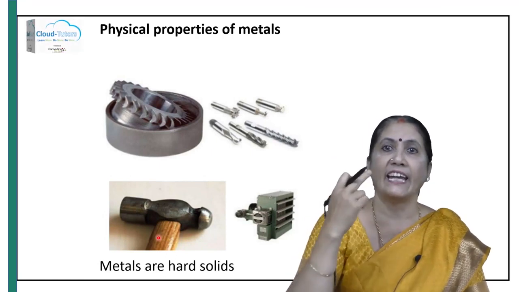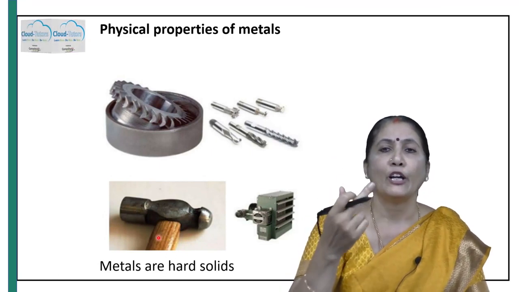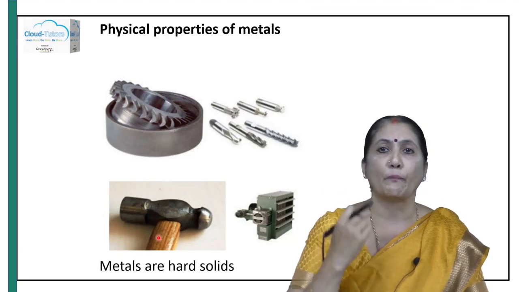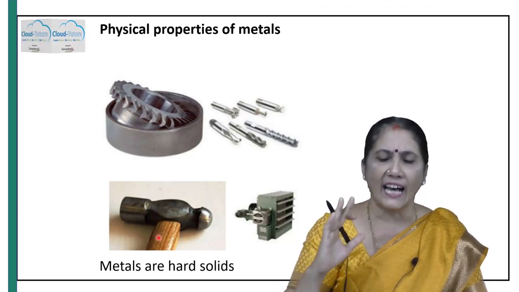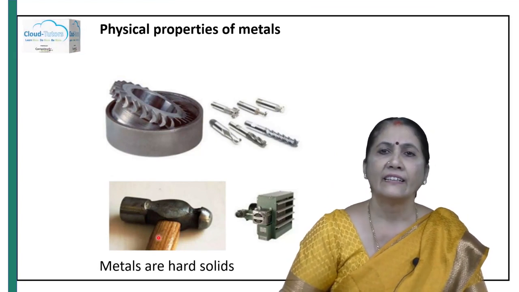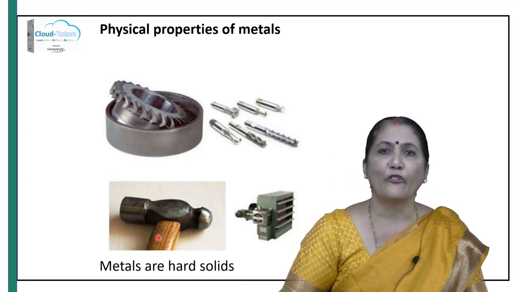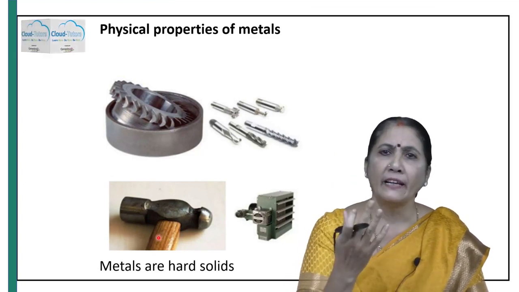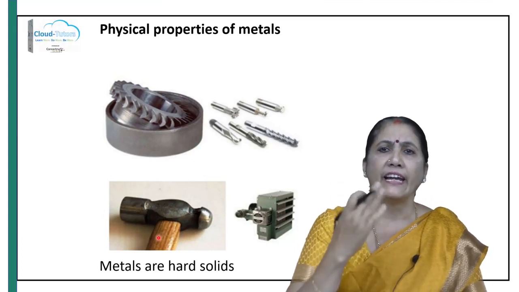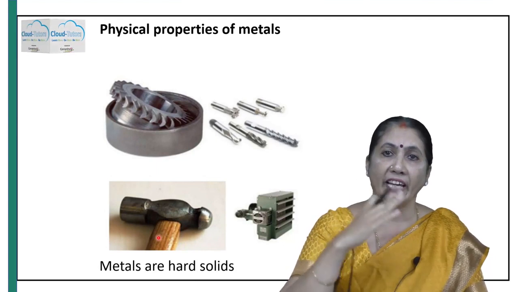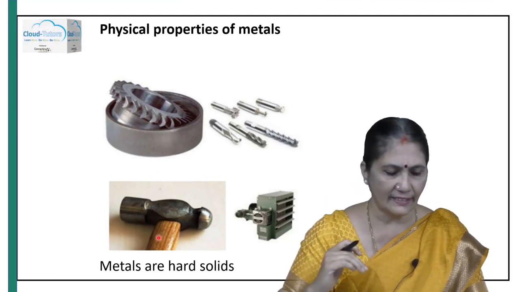That is another physical property called the sonorous property. But generally metals are very hard, as a result of which you find many parts in the automobile industry involving various metals.